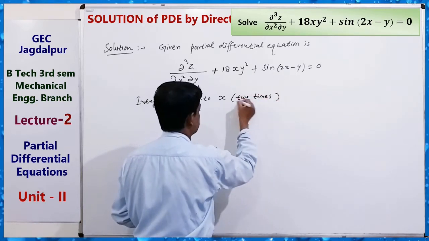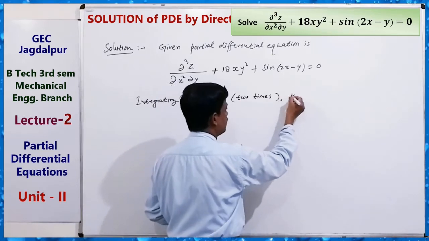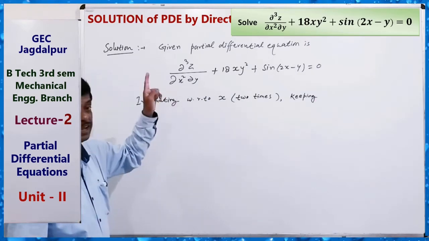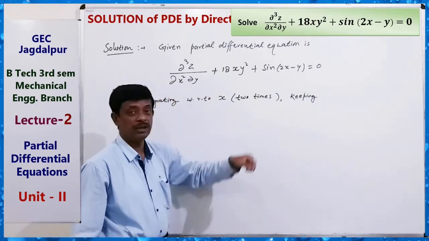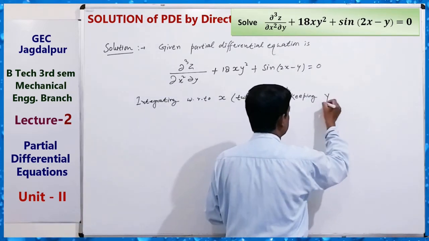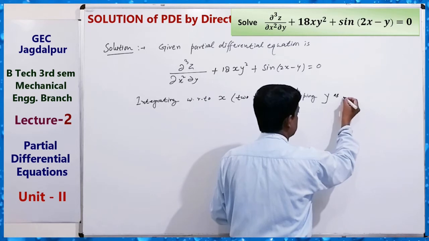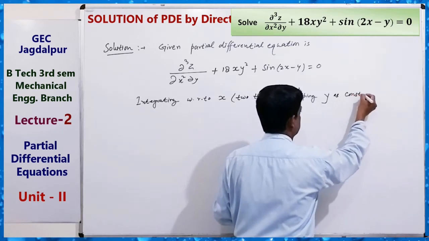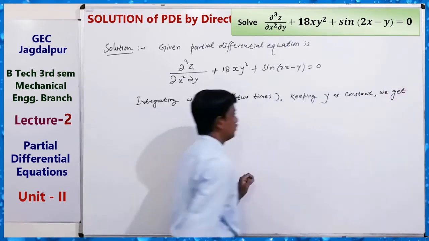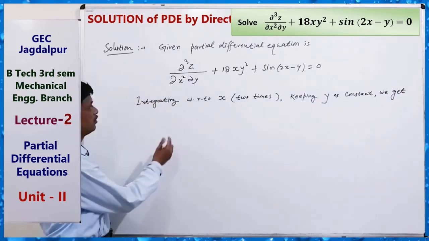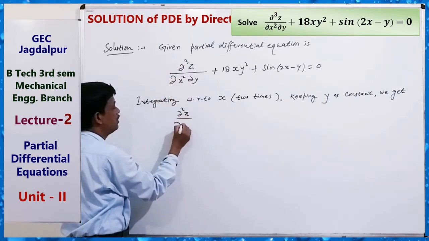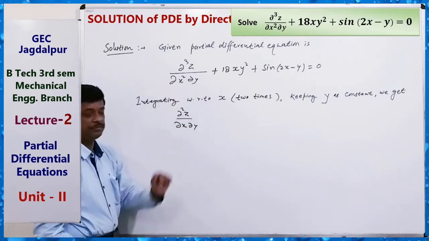When we integrate with respect to x, y is fixed; y is treated as a constant. Keeping y as constant, we get, the first time, del square z by del x del y. One time cancels.